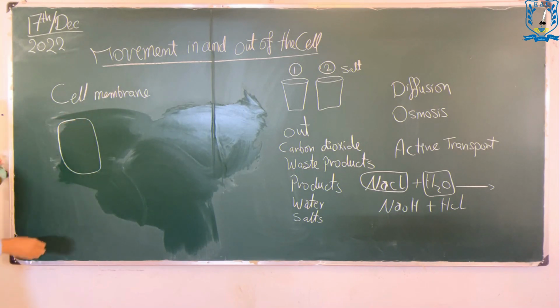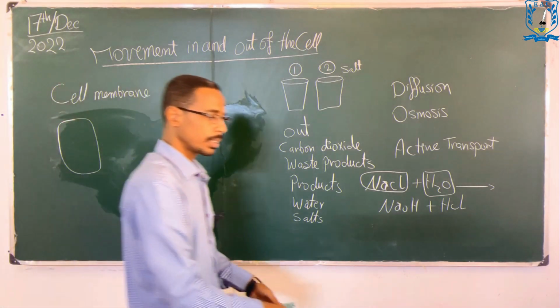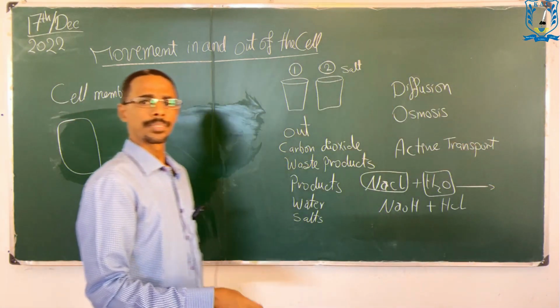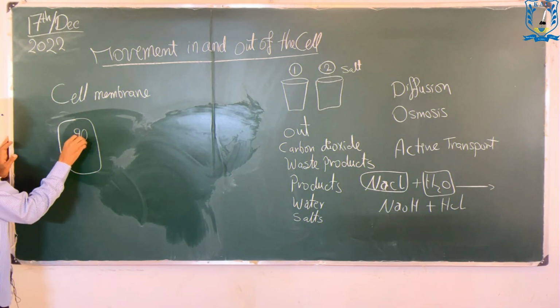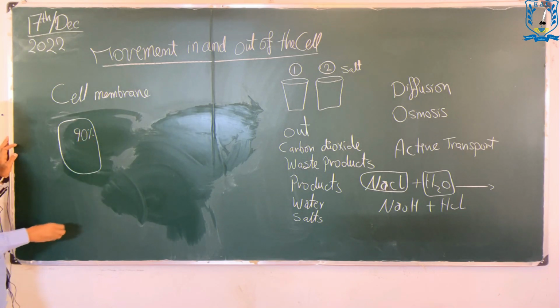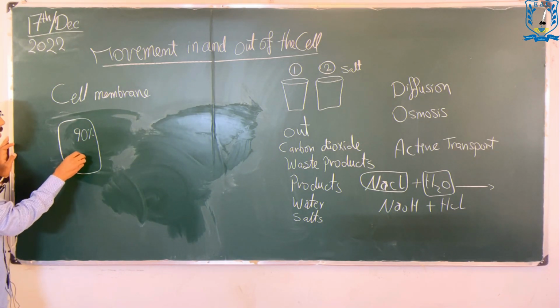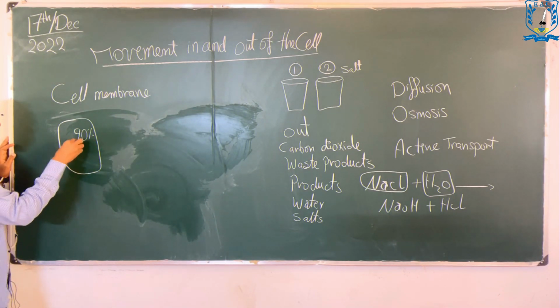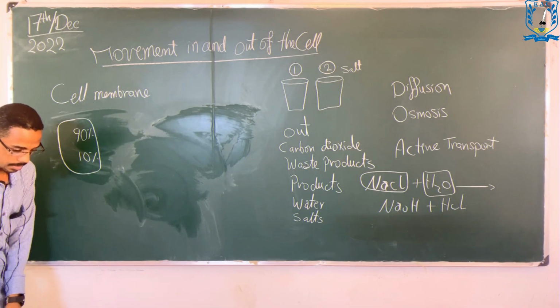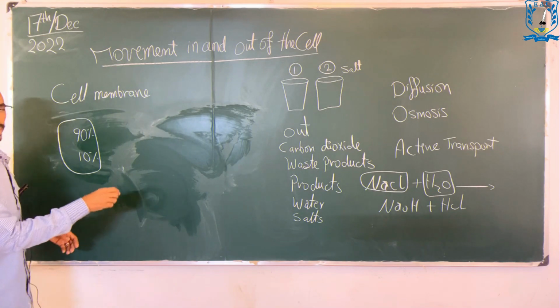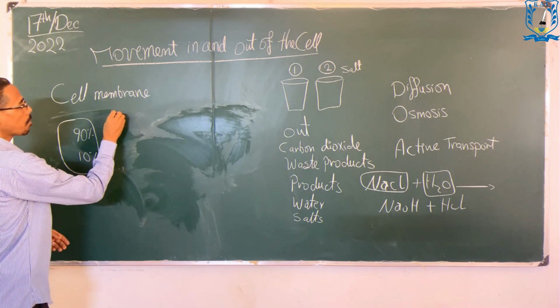You know that the cytoplasm contains water. So here, if you imagine that the amount of water in the cytoplasm is like 90%, and the amount of the dissolved solute in the water is about 10%. Then we have three types of solutions.